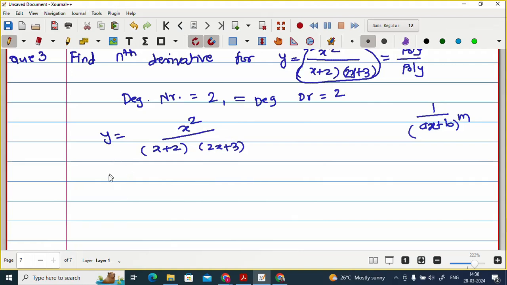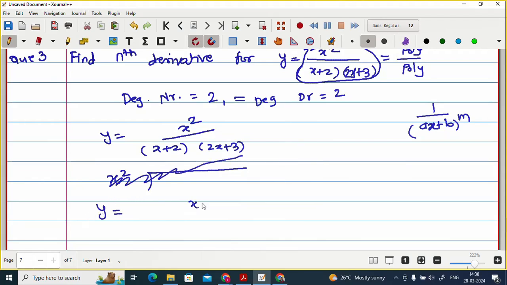So what is that? We will divide x square by what? We are actually going to perform division, so what is x plus 2 into 2x plus 3? If I take this multiplication, let us write it again separately.